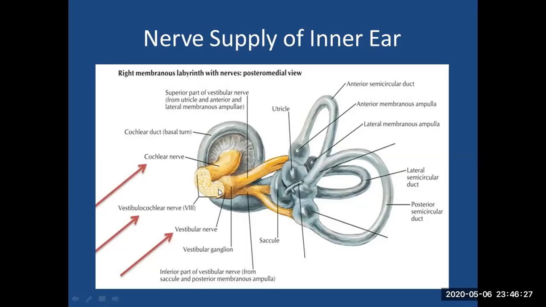If you look closely, this is the vestibular nerve, this is the cochlear nerve, and this part is the vestibulocochlear bundle. The nerve supply of the anterior semicircular canal, the utricle, and the lateral semicircular canal comes from the superior part of the vestibular nerve. The nerve supply of the saccule and the posterior semicircular canal comes from the inferior division of the vestibulocochlear nerve.